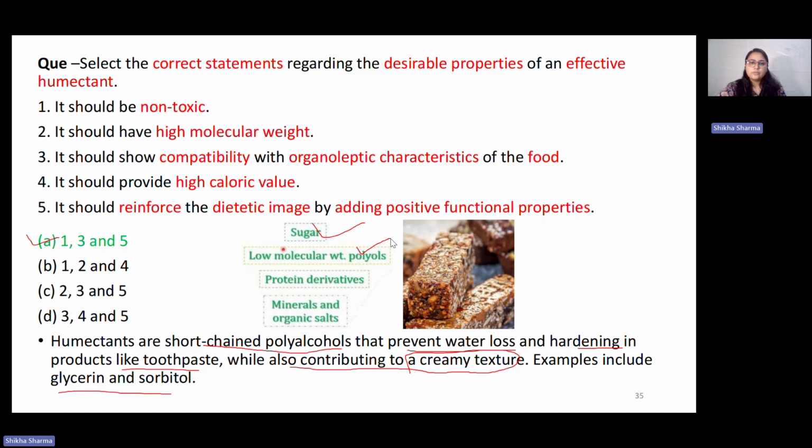They are low molecular weight polyalcohols, also called polyols, and protein derivatives, minerals, and organic salts can also act as humectants. Sometimes we see nutrition bars or breakfast bars that have humectants, so that the texture or shape of the bars can be maintained.